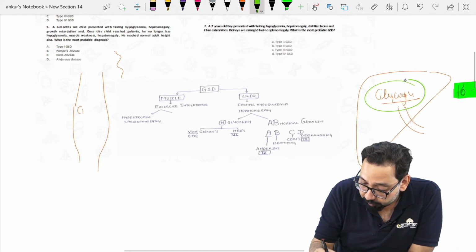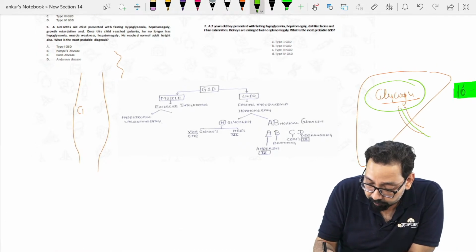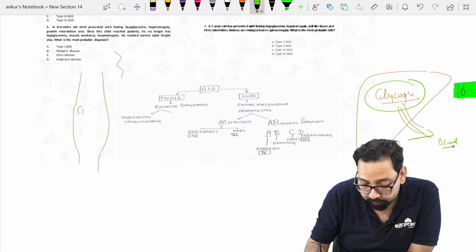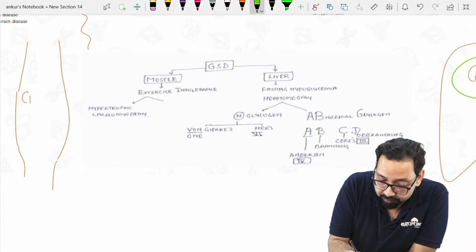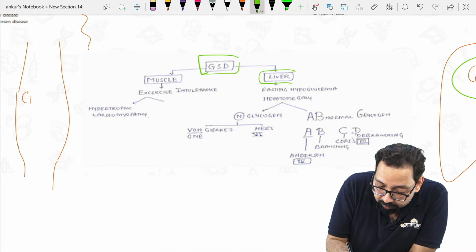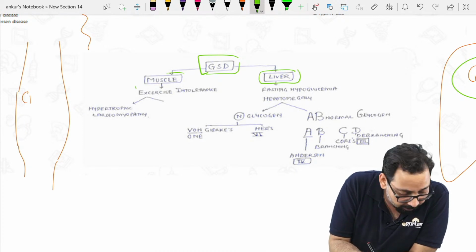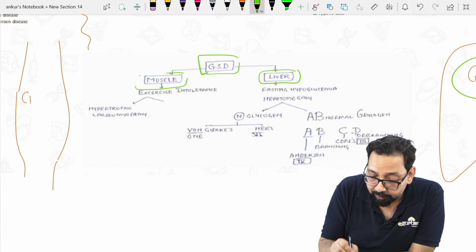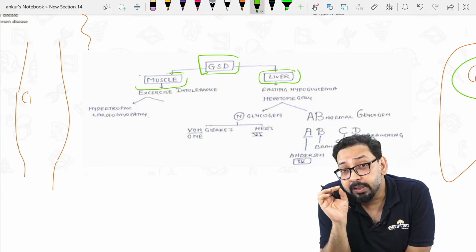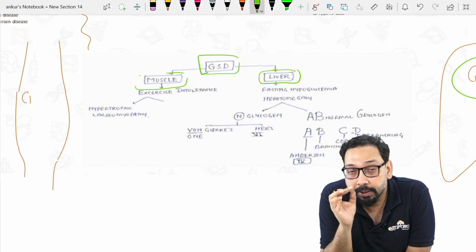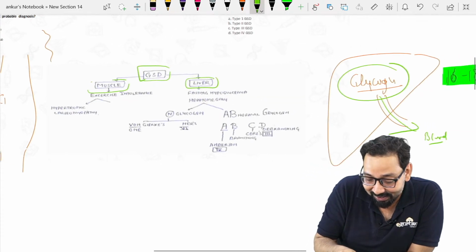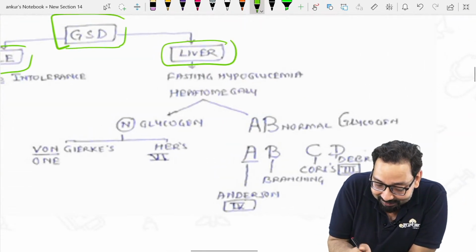so glycogen is normally converted to glucose and maintains blood glucose. Glycogen storage disease may be classified on the basis of liver glycogen storage disease and muscle glycogen storage disease. In liver glycogen storage disease, if liver glycogen is not metabolized, then the liver will not be able to maintain blood glucose, so there would be fasting hypoglycemia.